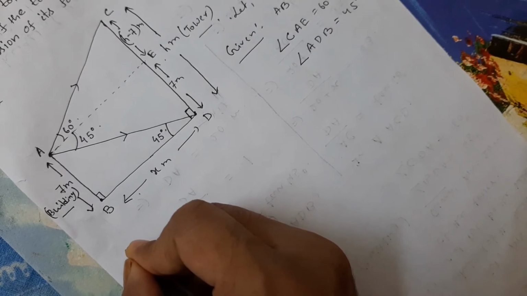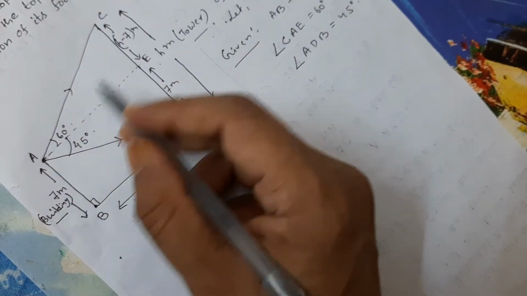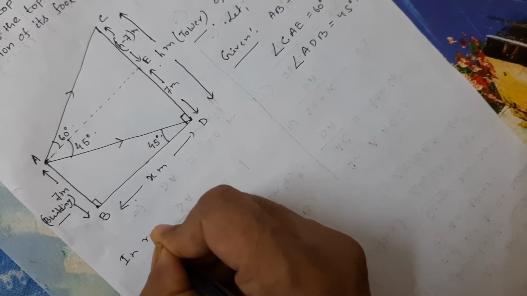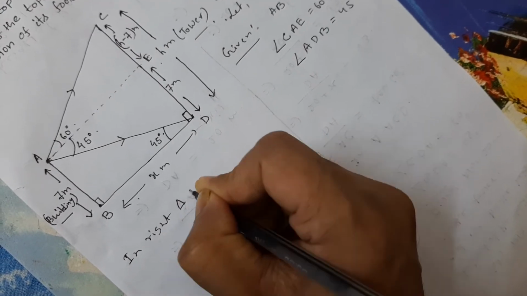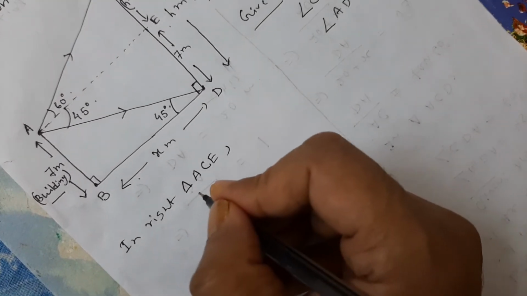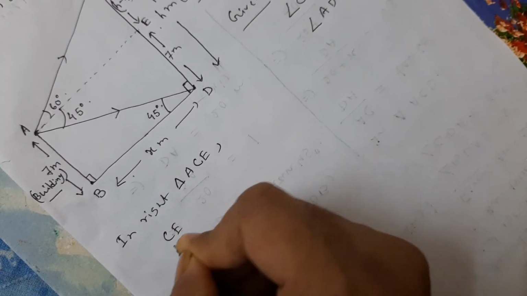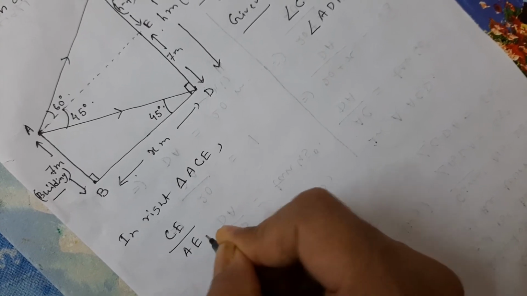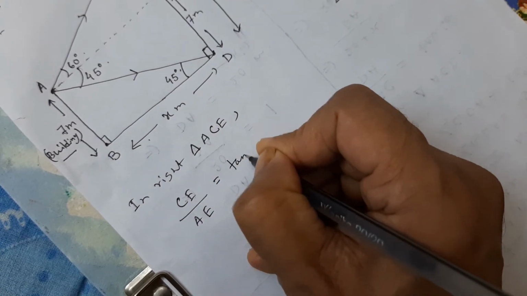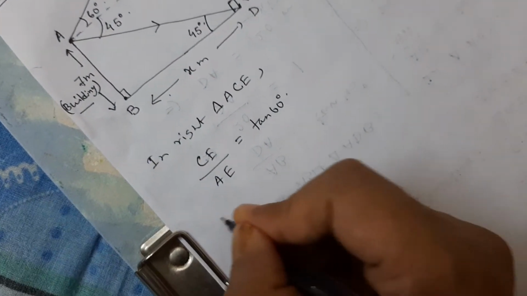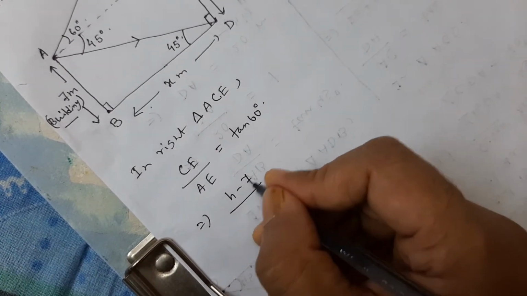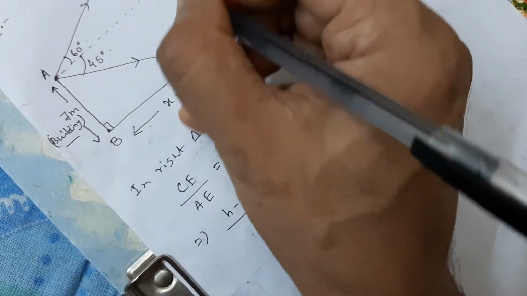So we have two triangles, one is ACE and another is ABD. In right triangle ACE, CE is the perpendicular and AE is the base. So CE by AE equals tan 60 degrees. CE is H minus 7, and AE and BD are the same, so this is also x.